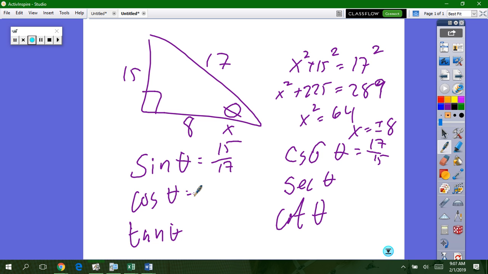Adjacent over hypotenuse in this case is 8 over 17. Tangent. Opposite over adjacent, 15 over 8. Okay? All right.